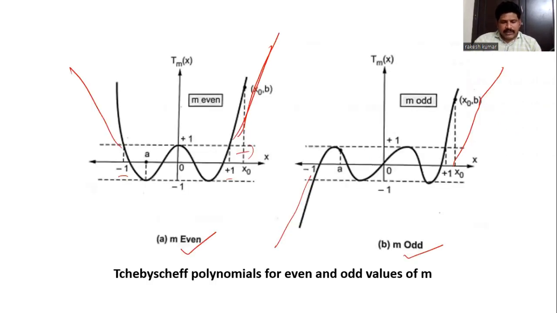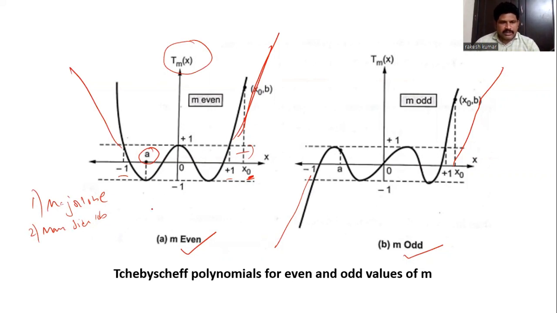Next, from the above figure, it is clear that if the axis is varied from an arbitrary point, say up to a specific value x naught, and varied back, then the polynomial Tm of x traces a pattern which includes one major loop, many side loops, and the secondary minor loops of the same amplitude equal to unity.